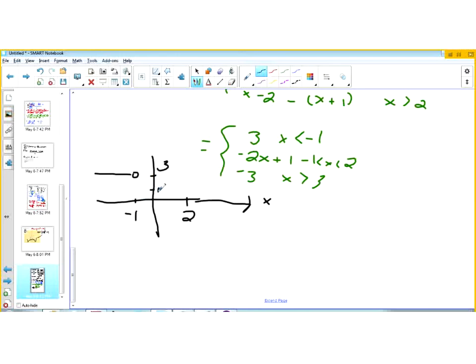Between -1 and 2, it'll be this straight line right there, and then right here. So it's going to look like that. And so you can see why -1 and 2 are called corner points, because what happens at corner points? You get a corner in the graph, obviously, right? Okay, so right there.